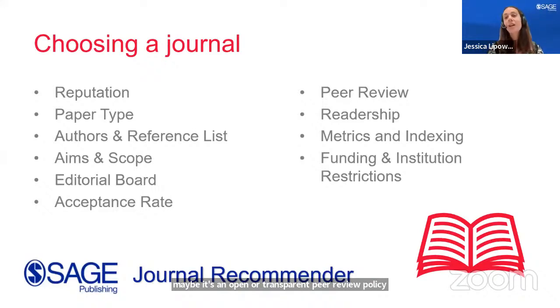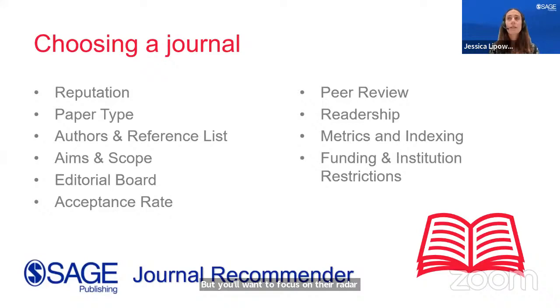One of the big takeaways we want to emphasize here is looking at the readership. While many researchers want to publish in Nature or Science or JAMA, that's great, but you'll want to focus on the readership of a journal.